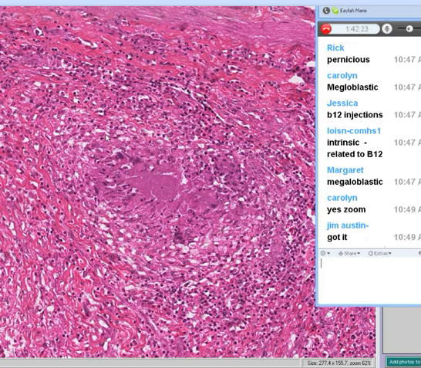So does anybody remember what this nodular structure would be called if it has a lot of histiocytes, giant cells, and a necrotic center? What type of inflammation is that? I'm waiting for some answers.